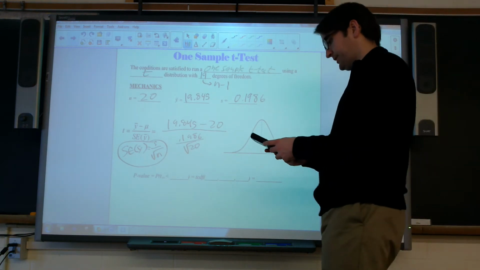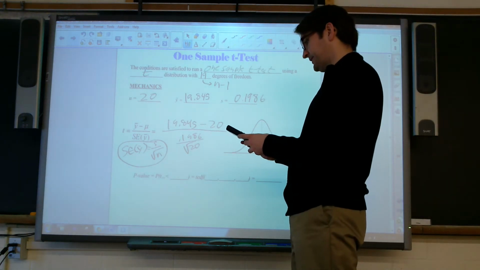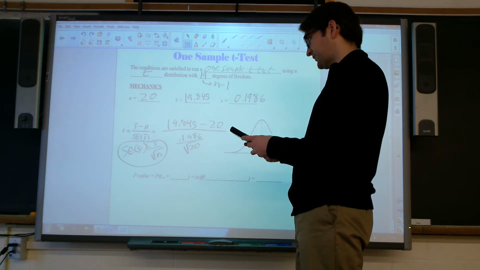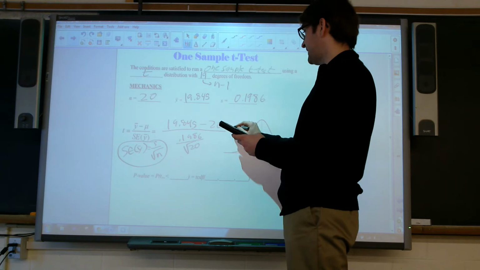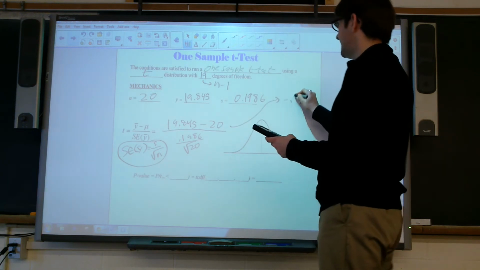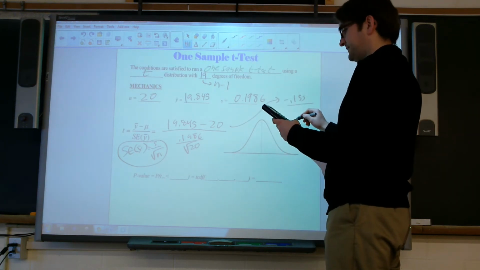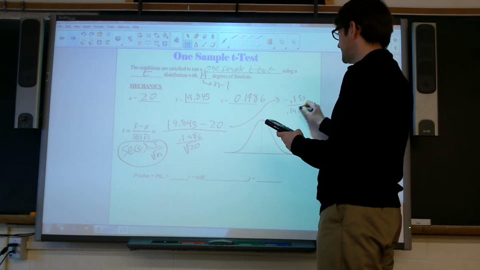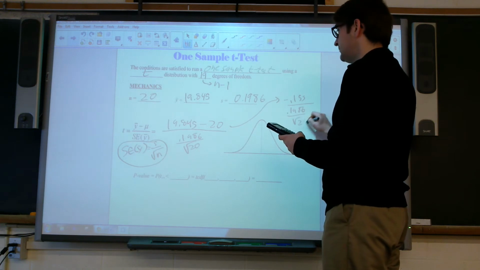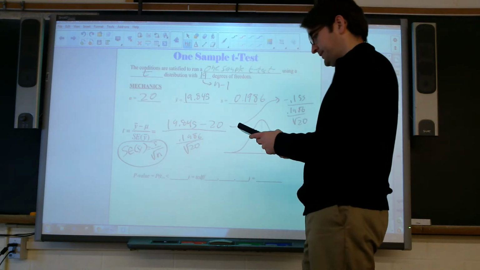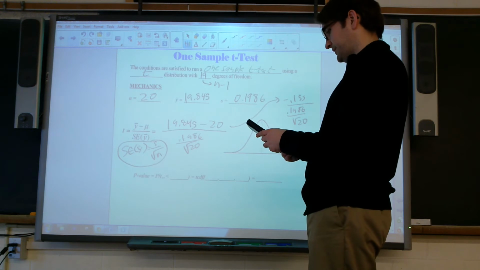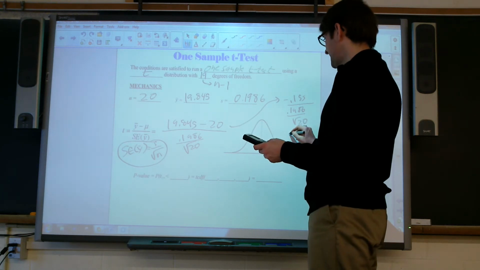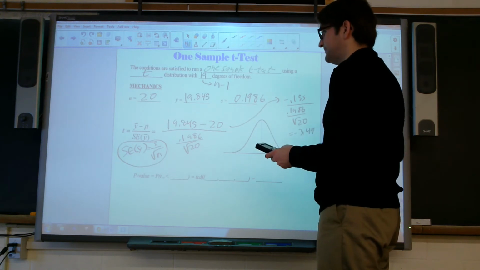We get 19.845 minus 20, which is negative 0.155, divided by the whole thing, 0.1986 over the square root of 20, meaning I get a t-score of negative 3.49.